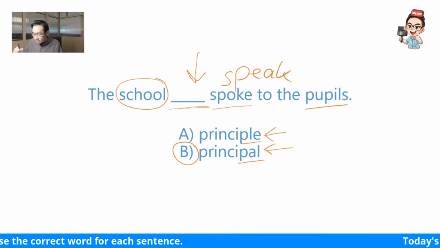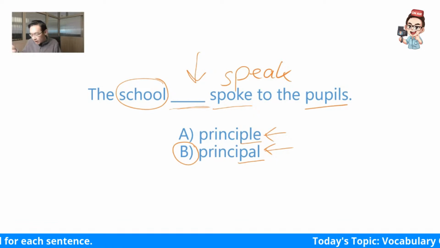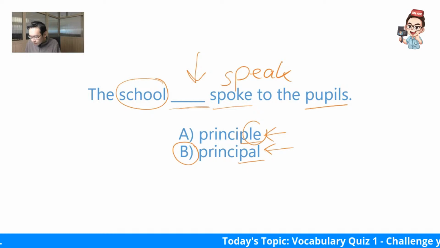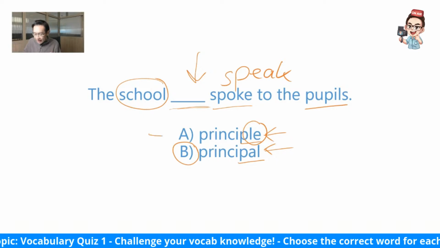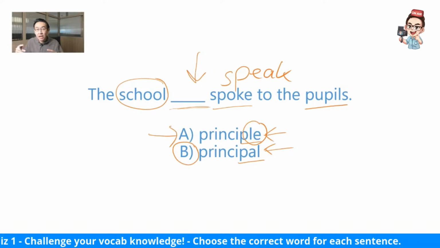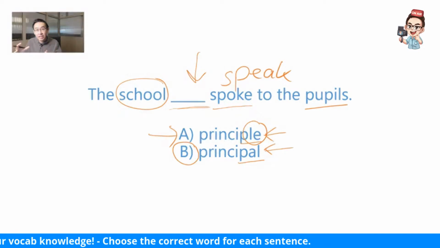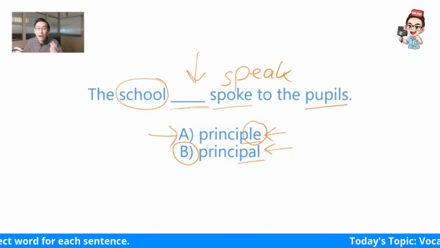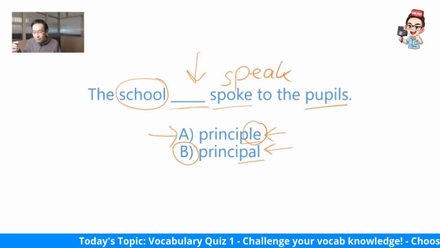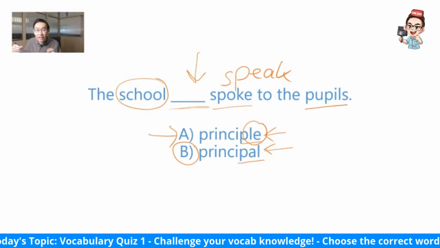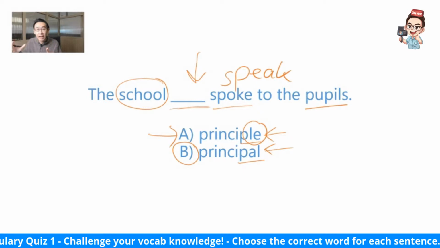A is also pronounced principal, but it ends with LE, right? This is different, because principle like this, in the case of A, means a set of ideas or beliefs, okay? Maybe rules for doing something, or main ideas of something, of maybe a policy. That's principle with LE. But principle with AL, that's the head of the school.